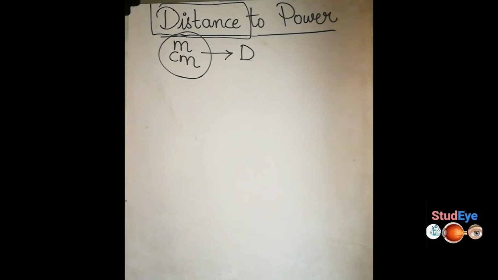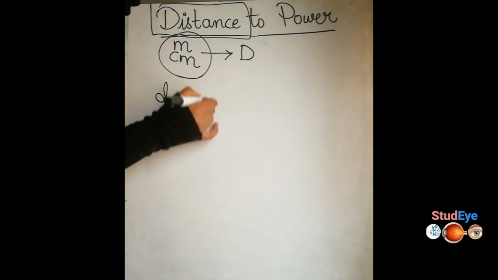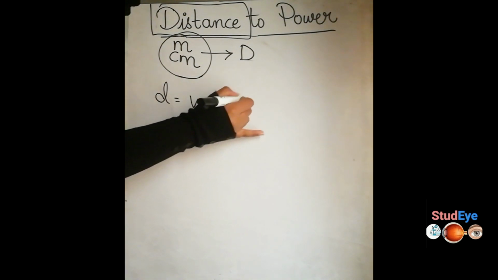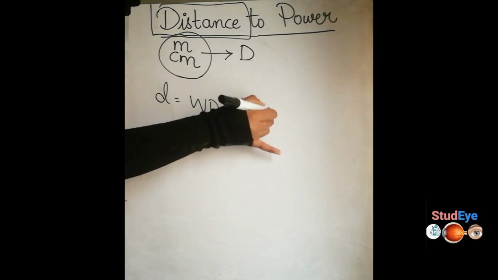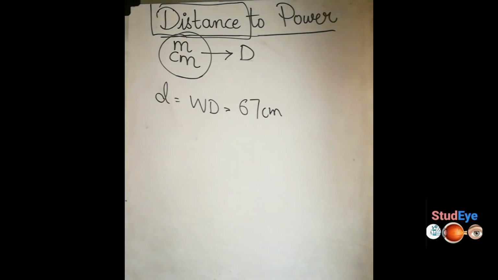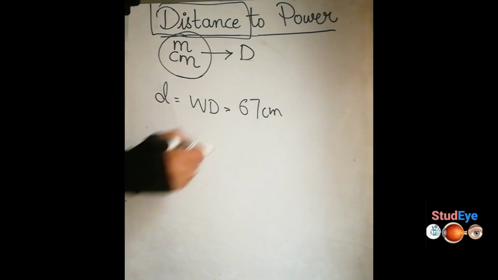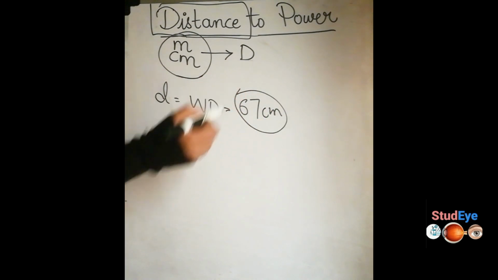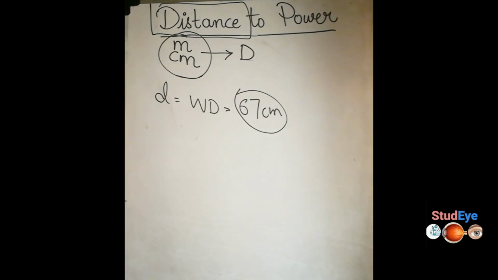Now we should learn it by example. I have told you that when retinoscopy is performed, we perform it at a distance of 67 centimeters, which is the working distance. We usually use 67 centimeters.